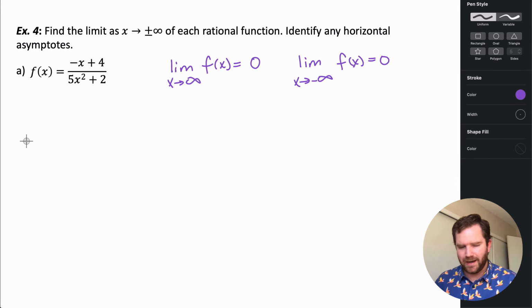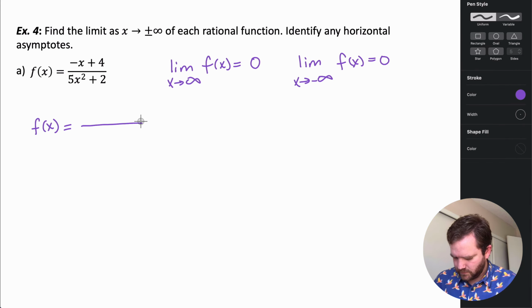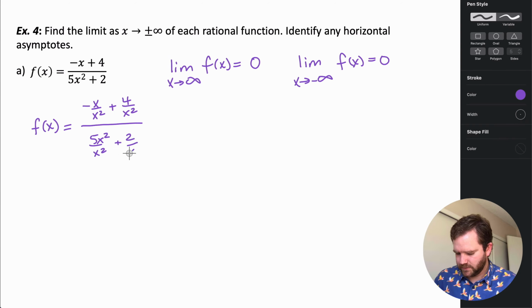So I divide everything by x squared. I get that f of x is equivalent to negative x over x squared plus 4 over x squared, and then 5x squared over x squared plus 2 over x squared.